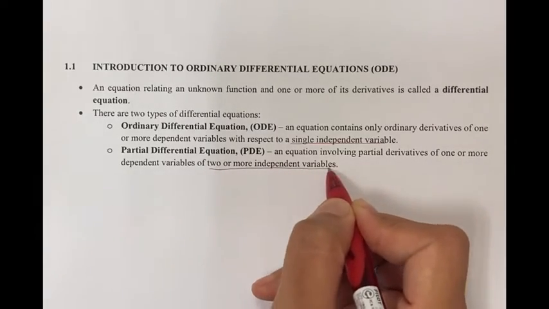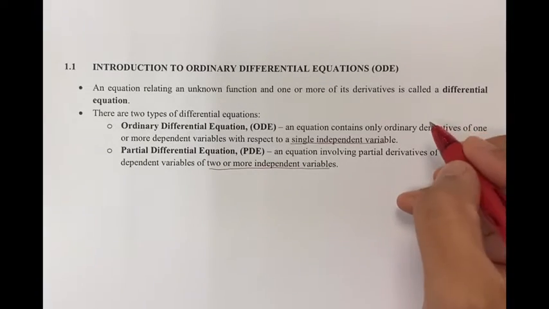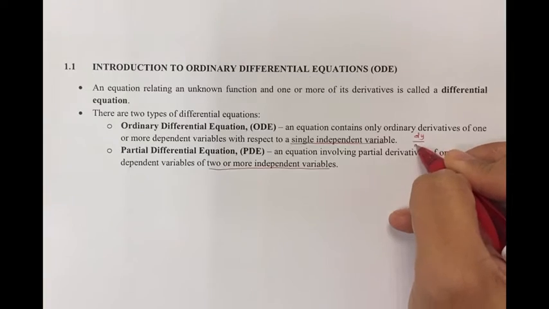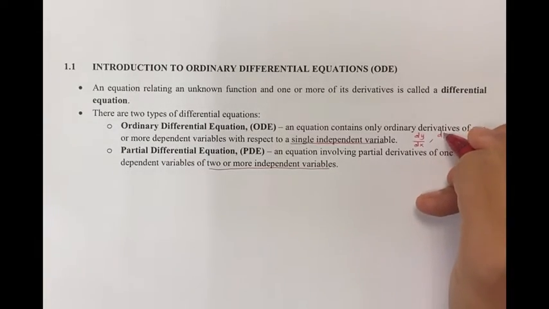So that's the difference. In ODE, we just have a single independent variable, but in PDE, we might have two or more independent variables. Or we can say ODE normally denote as dy over dx, or we have df over dt.